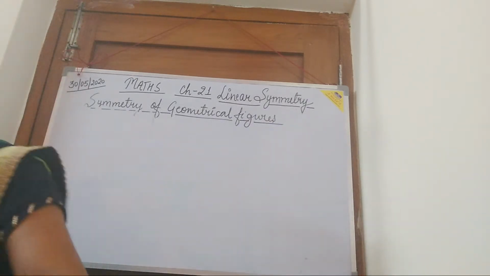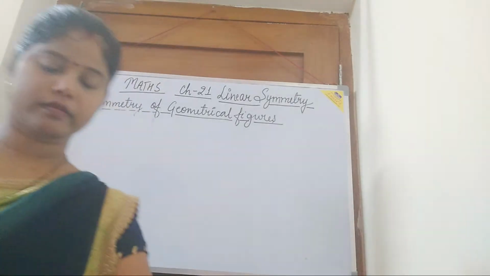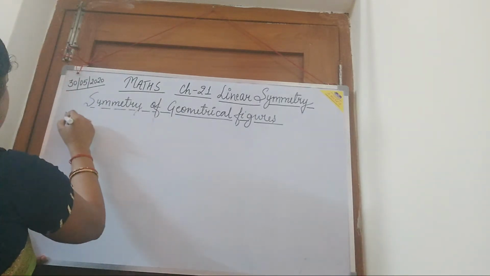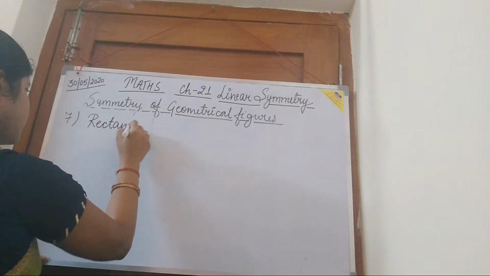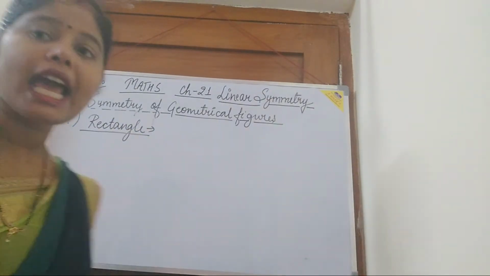Now the next figure is a rectangle. So in a rectangle, how many lines of symmetry do we have?